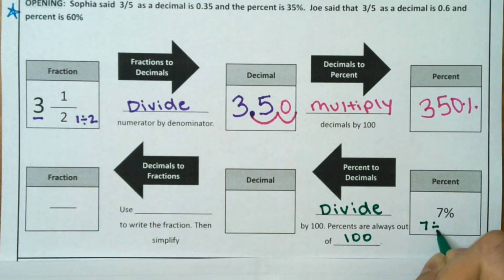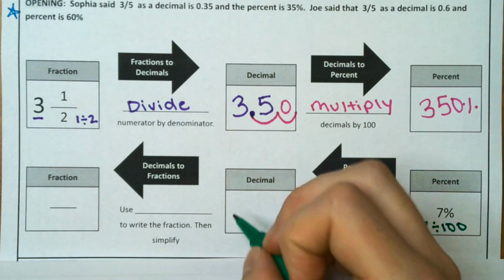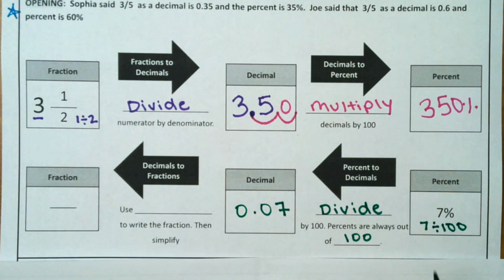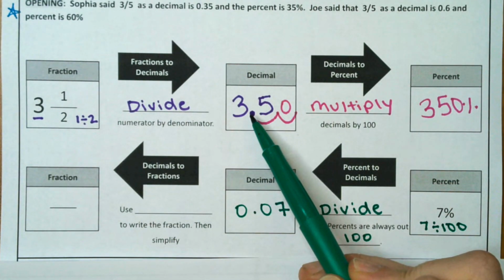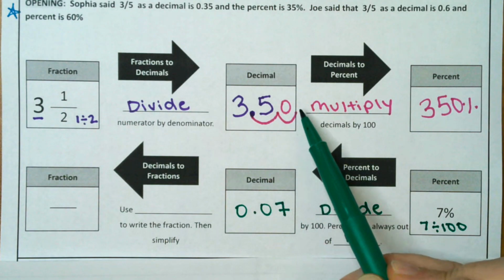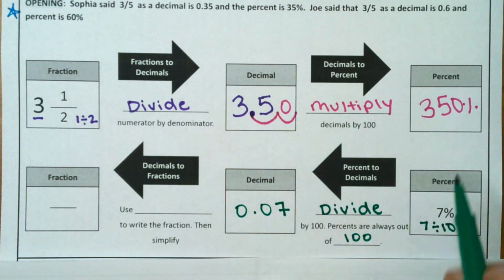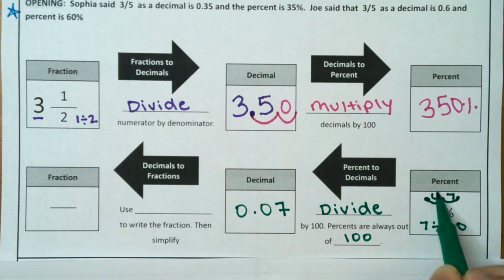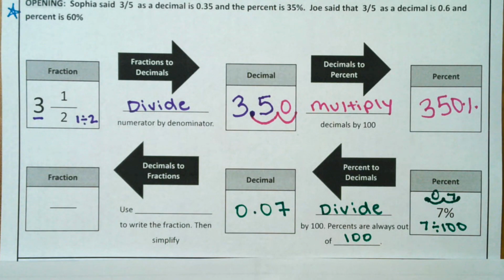So I'm going to do 7 divided by 100, and I get 7 hundredths. Now, similarly, whenever we moved our decimal forward 2 spots, if you're going from the percent to the decimal, you could also move it back 2 spots and get 7 hundredths as well.